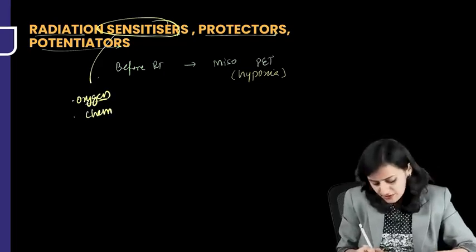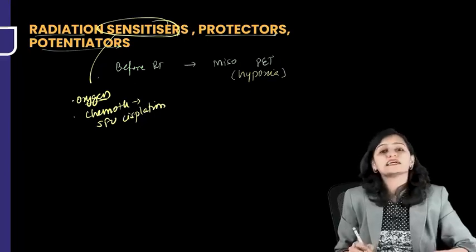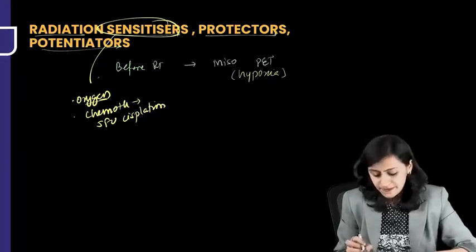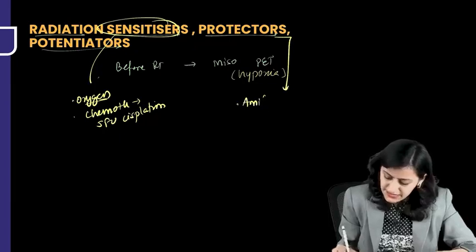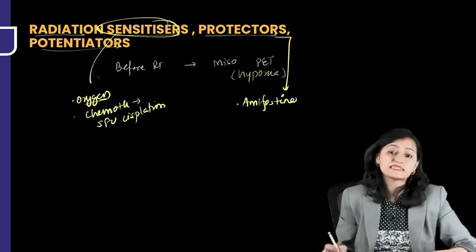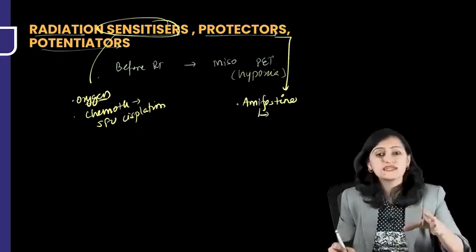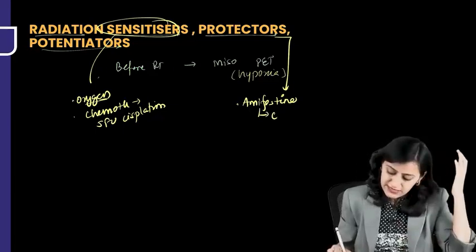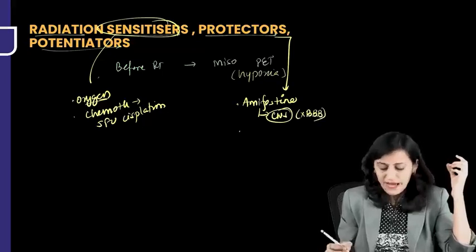Also remember the chemotherapy drugs like 5-fluorouracil, cisplatin, gemcitabine, all of these are radiosensitizers. Which is the radioprotector? Radioprotector is amifostine, which you must have also read in Pharmacology. It is used to reduce cisplatin nephrotoxicity. But what organ does amifostine not protect? The CNS, because it does not cross the blood-brain barrier.